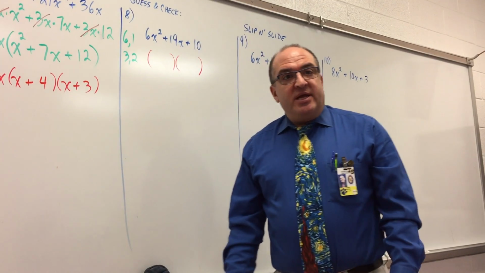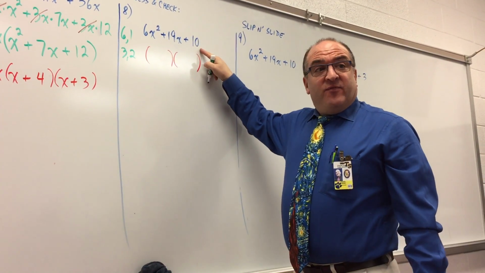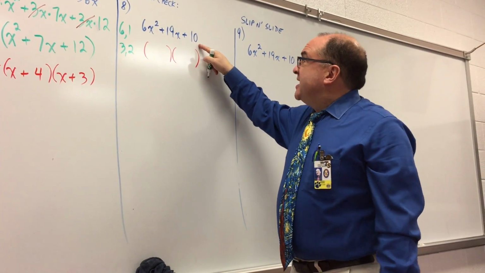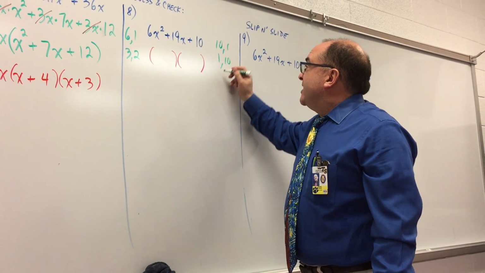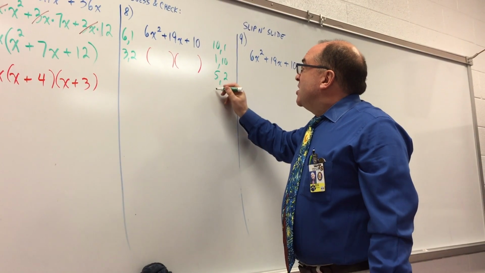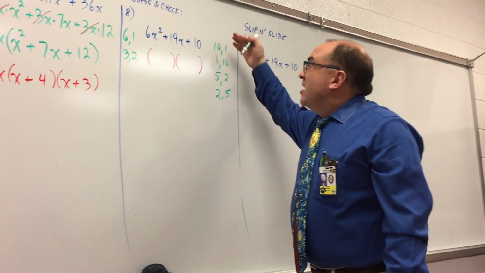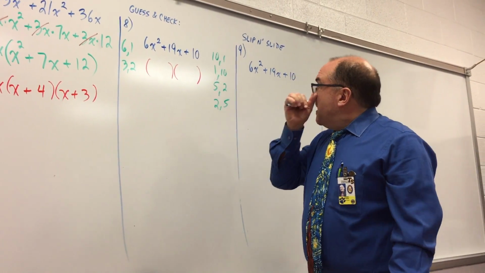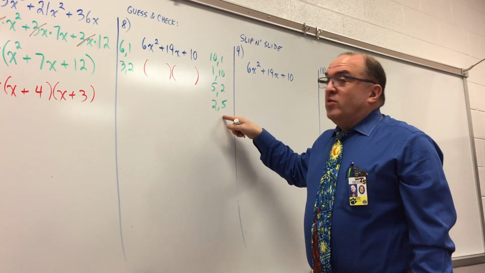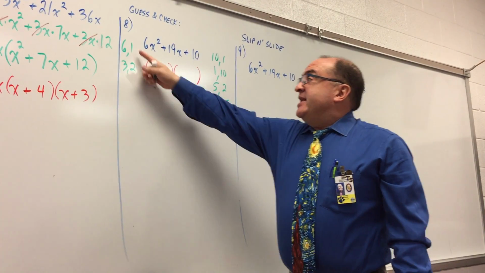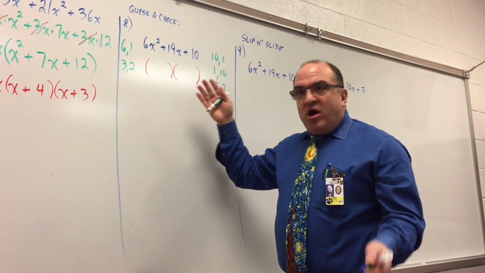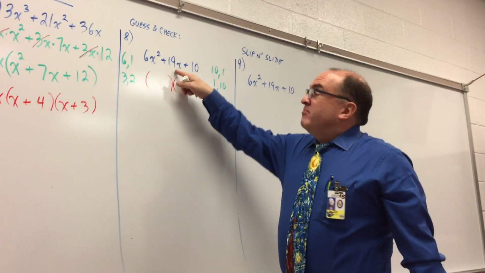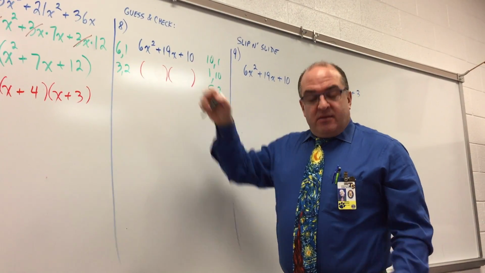Then you also have to figure out what times what makes 10. It's either 10 times 1, 1 times 10, 5 times 2, or 2 times 5. All of those combinations make 10 when you multiply, and these make 6. Now we have to find the combination that all together makes 19 in the middle.